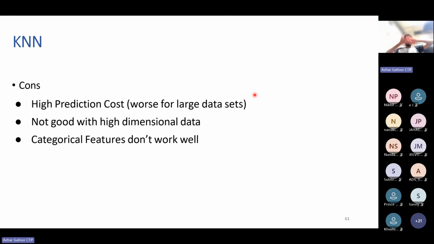In the actual case, it may not be true. There can be more features, ranging up to 100 features or something. In such cases, the computational cost will be higher. Then categorical features do not work well with KNN. That's also one problem.